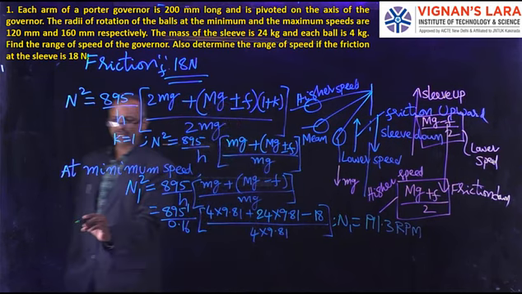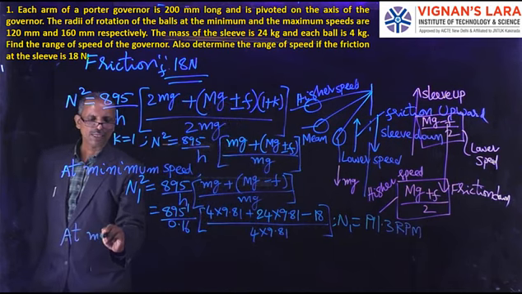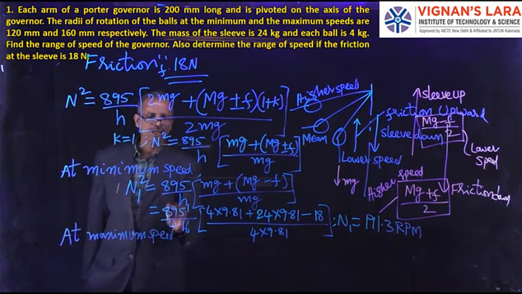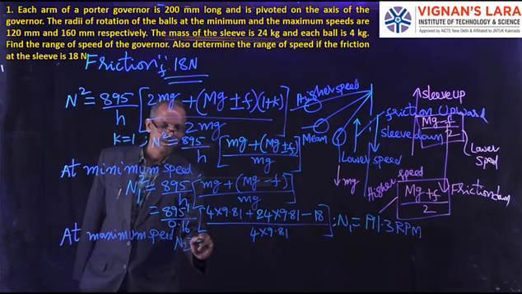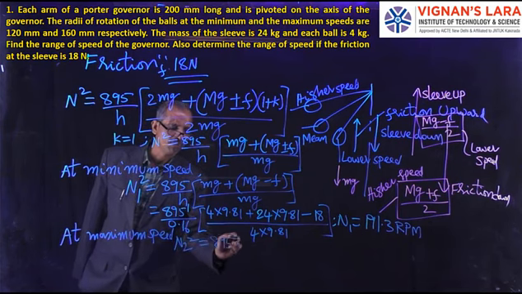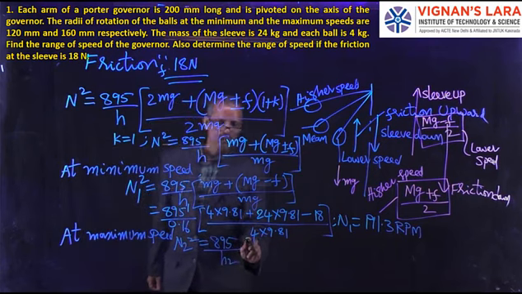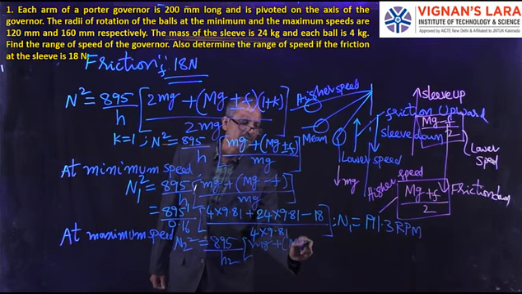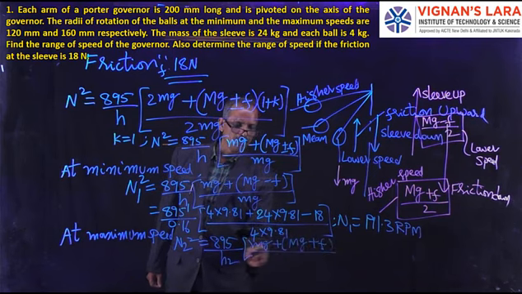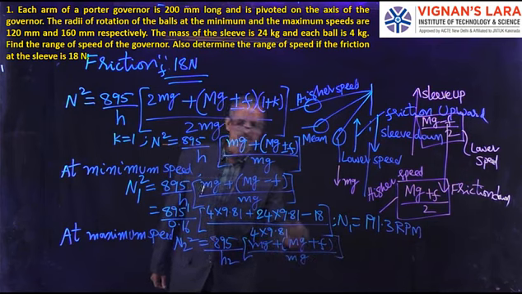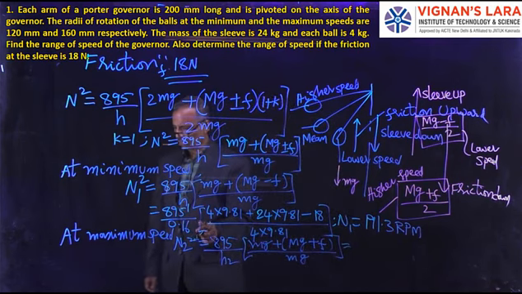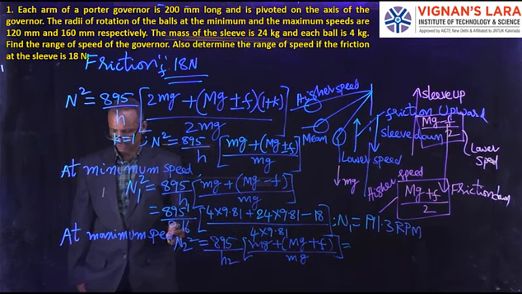Then at maximum speed, the same equation with sign change: N2 square is equal to 895 by H2 into (mg plus capital M g plus F) by small mg. Then substitute the values. What is the value of H2? Earlier we calculated H2 as 0.12.